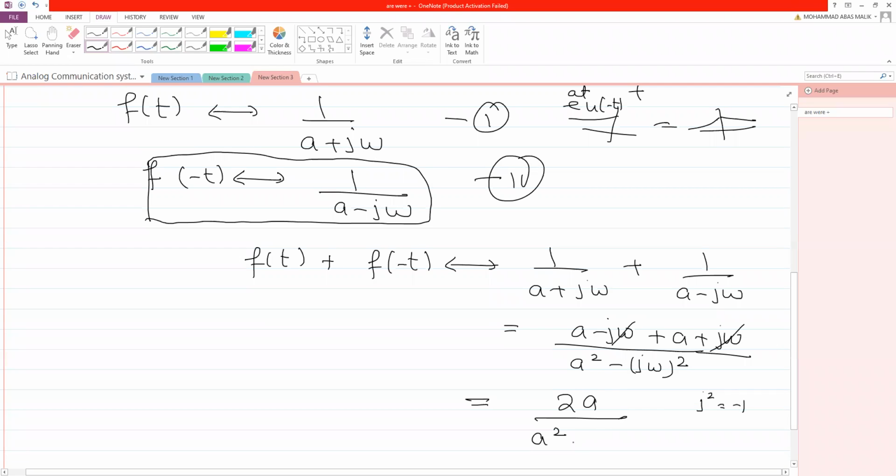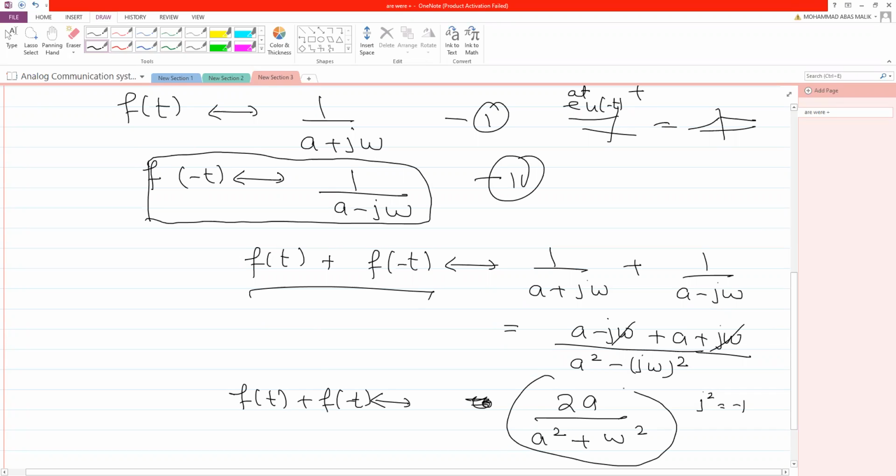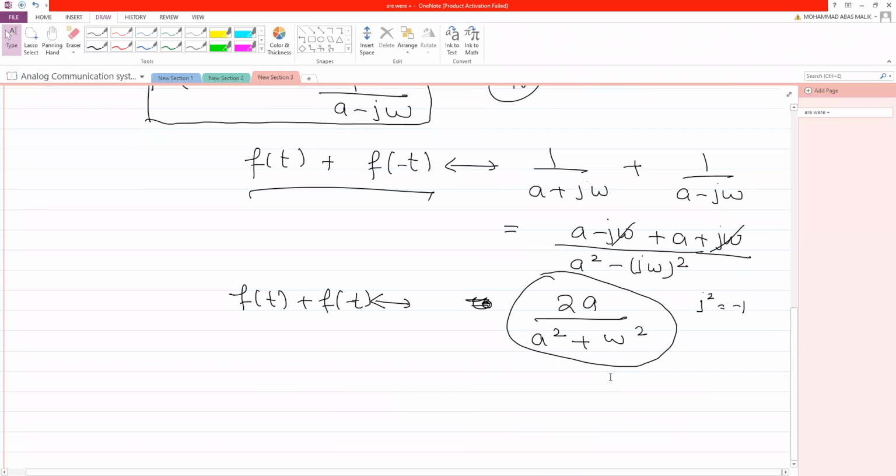Minus and minus is plus, so you have this. So this signal, f of t plus f of minus t, has its Fourier transform equal to this. Okay.